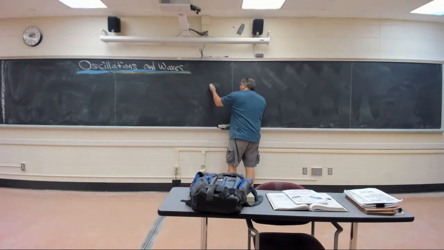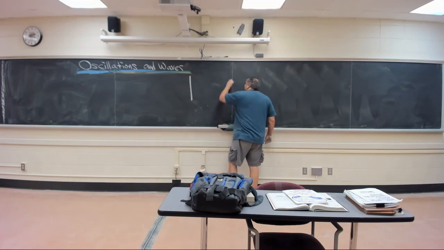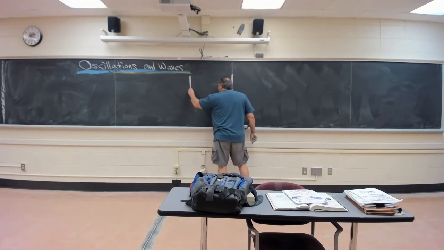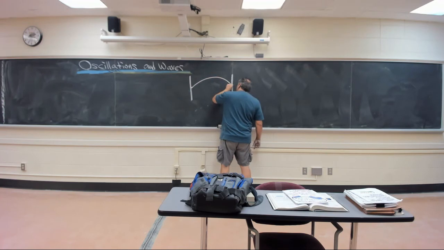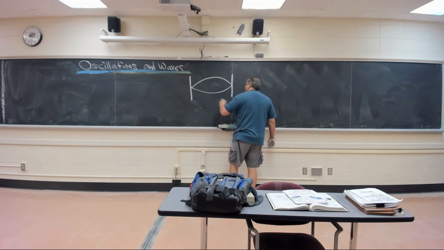I already kind of did it. There are two places here where the string is tied, and you pluck the string and it goes here, then reflects and comes right back, oscillating up and down.